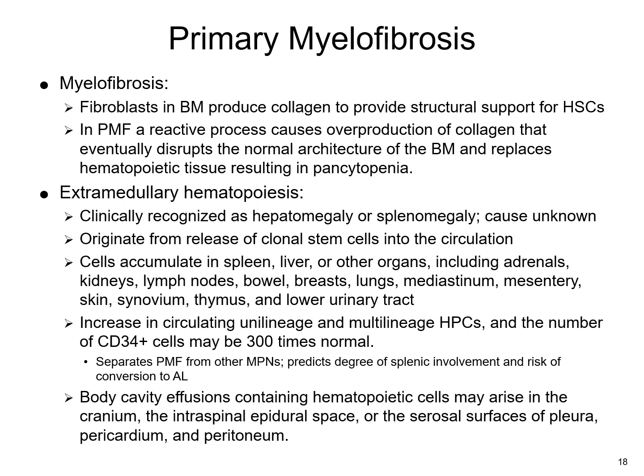The increase in circulating CD34 cells is what actually separates the primary myelofibrosis from any of the other myeloproliferative neoplasms. It also helps to predict the degree of splenic involvement, which helps to assess the risk of conversion to an actual acute leukemia.